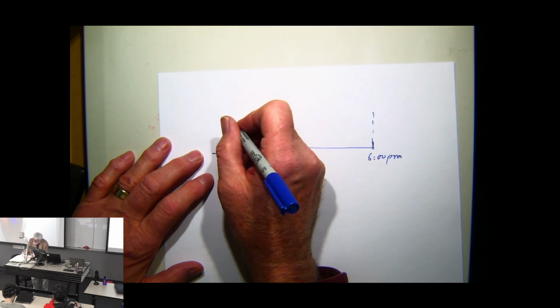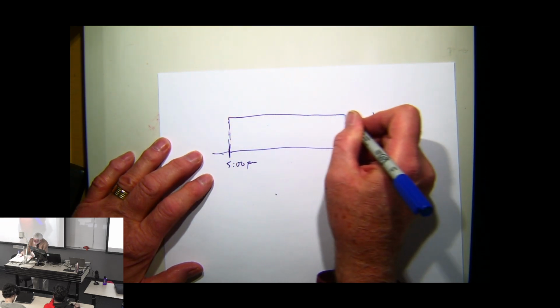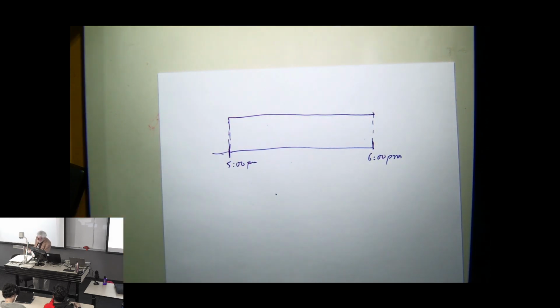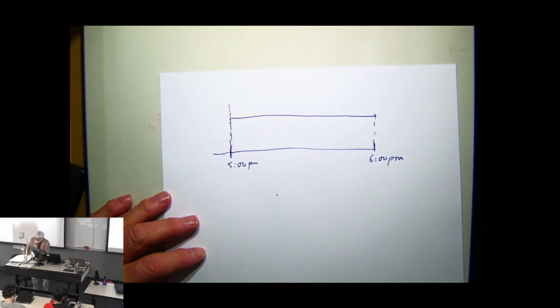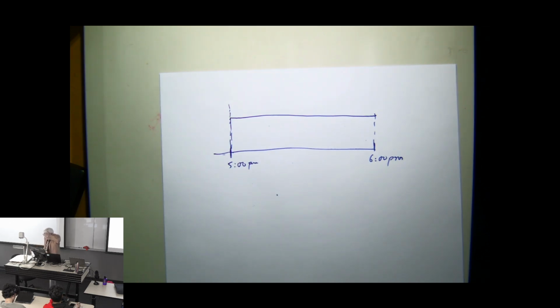So what would that mean? That would mean something like probability is going to be somewhere over that interval, but it's uniformly distributed.